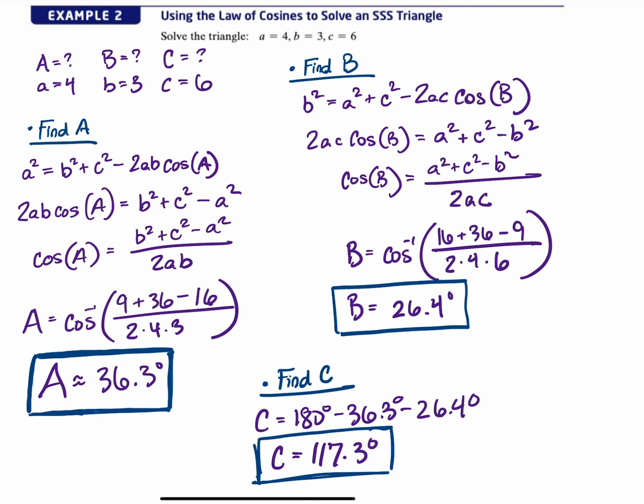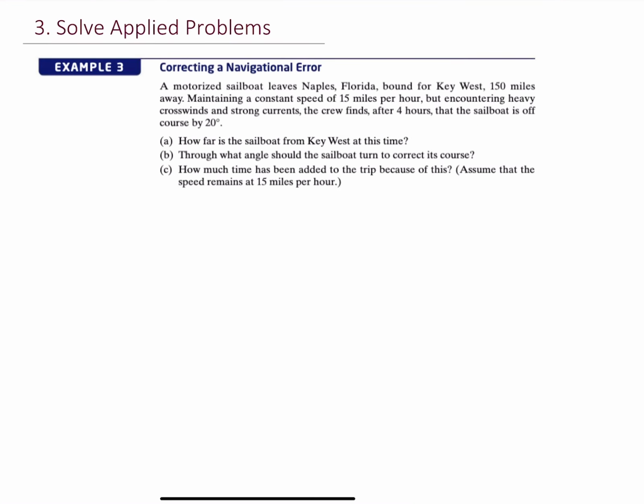All right, let's look at one applied problem. So this is another sort of like nautical navigation problem. So it says a motorized sailboat leaves Naples, Florida, bound for Key West, 150 miles away. So let's imagine this is Naples. And then down here, let's call this Key West.